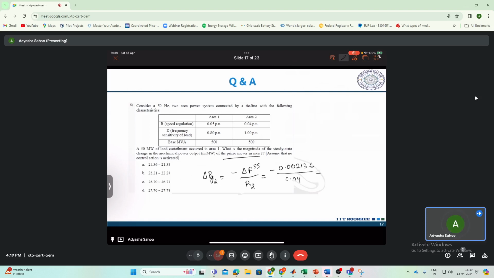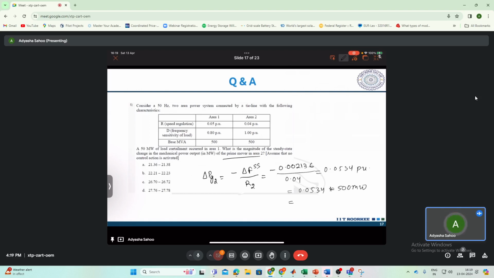That gives me 0.0534 per unit, or in actual 0.0534 into 500 megawatt.